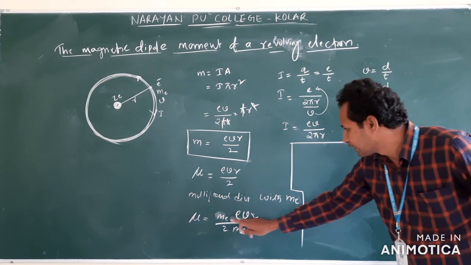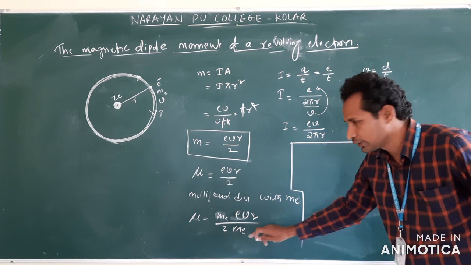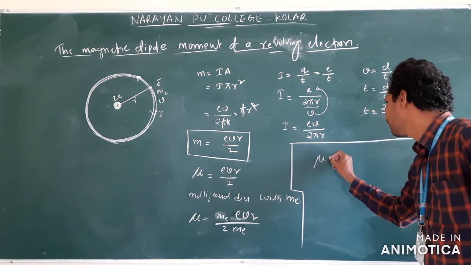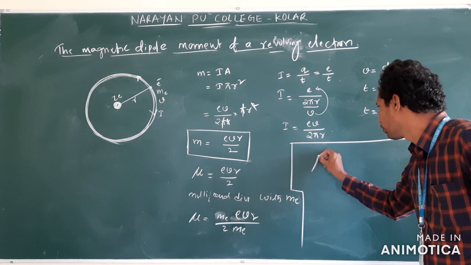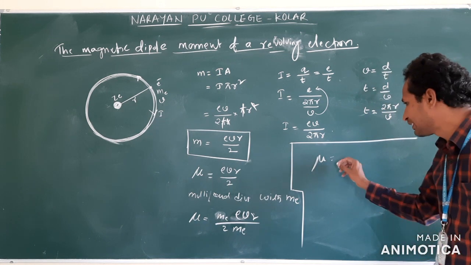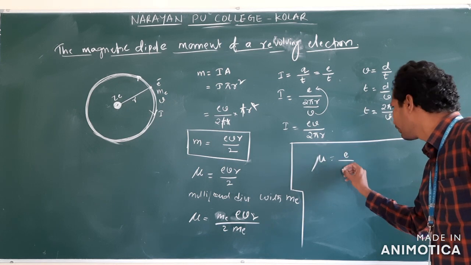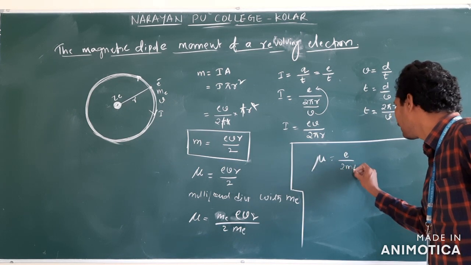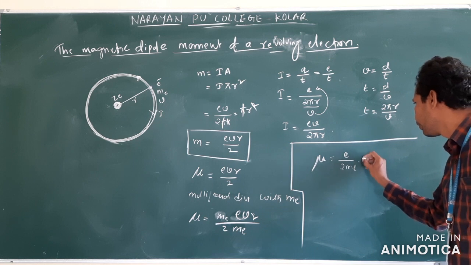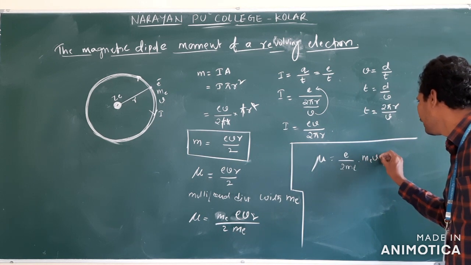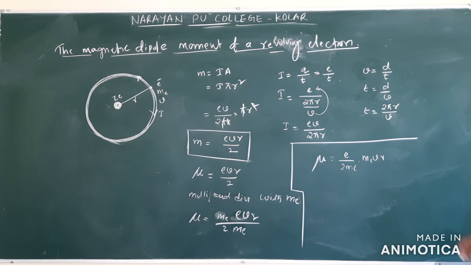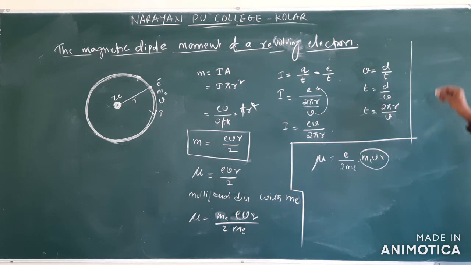Now we multiplied and divided. Now mu is equal to E by 2 ME into MEVR. This was already studied in first PU. What is this? Angular momentum. What did you study in first PU?